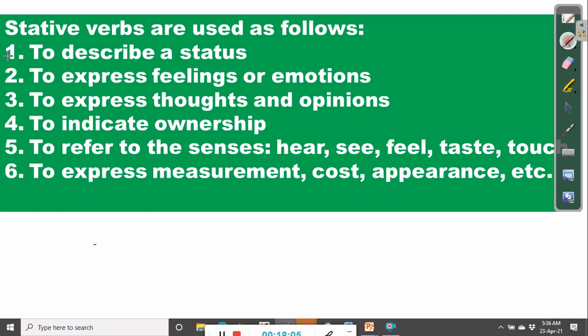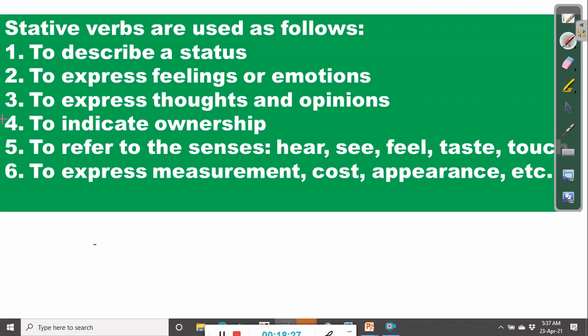All right, then you can express feelings or emotions, such as love, the feeling of love, the feeling of hate, all right.